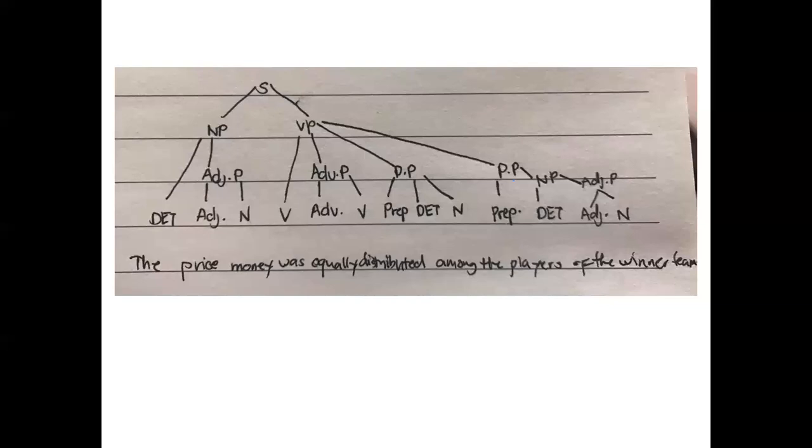Under the noun phrase, we have an adjective phrase. Why? Because winner, though it is a noun, serves as an adjective because it modifies what type of team. Is it the loser team or the winner team? It is a winner team. So an adjective phrase plus that will become a noun phrase. Noun phrase plus preposition will become a prepositional phrase. So PP plus adverb phrase, ADVP, plus V will become a verb phrase.